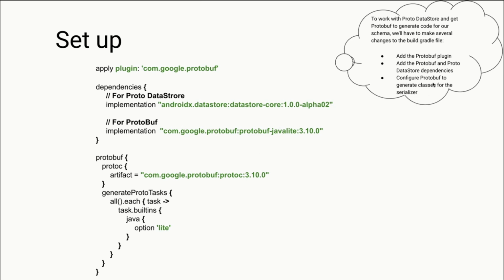Now, to configure protoc to generate classes for the serializer: once you define a particular proto for your preference, that proto needs to be converted to a Java file, and that goes as a type to your serializer. I'll let you know what the serializer is. And this is the standard way of generating protos from your proto file.